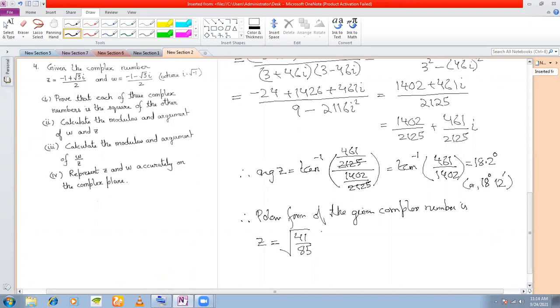Now cos theta plus i sin theta, so cos 18 degrees 12 minutes plus i sin 18 degrees 12 minutes. And that is the required polar representation.